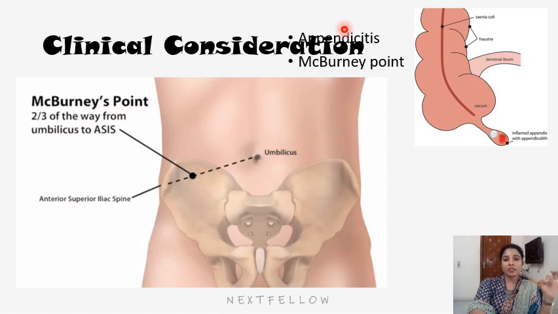It is the site of maximum tenderness during appendicitis on palpation. So the appendix is suspended in mesoappendix, that is intraperitoneal, and it is generally found in retrocecal fossa, although its position is a little variable. So that's how we locate the McBurney point, very important clinically.